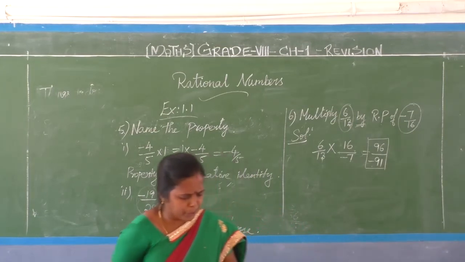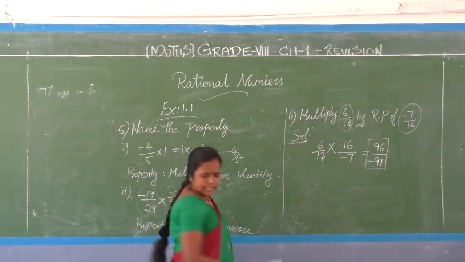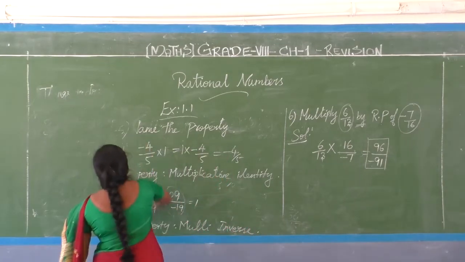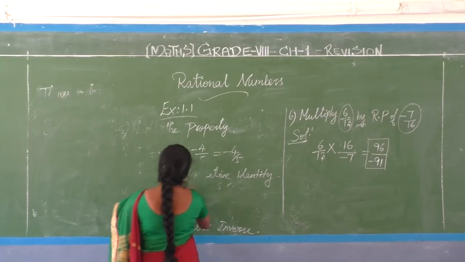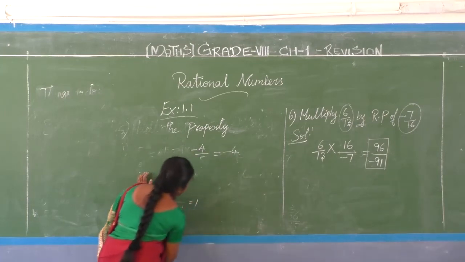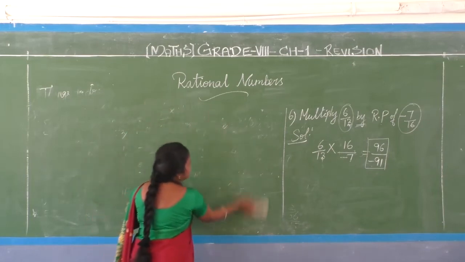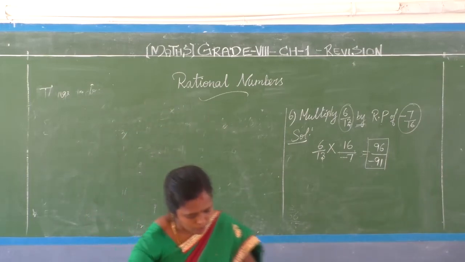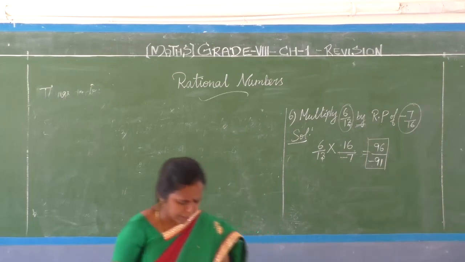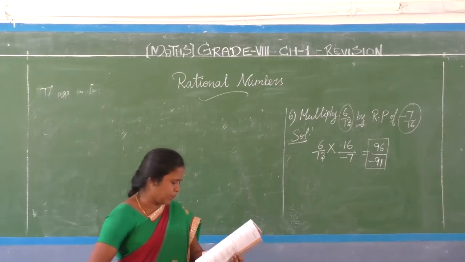Then two more questions are given where they ask only for the property name, so now you can do them yourself.